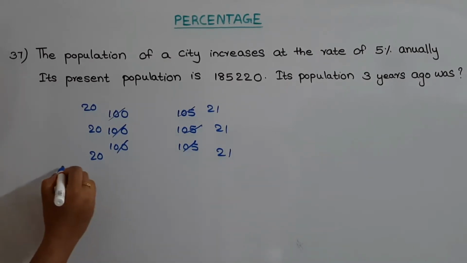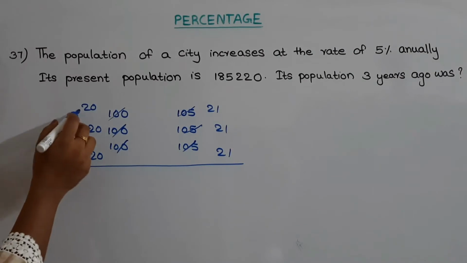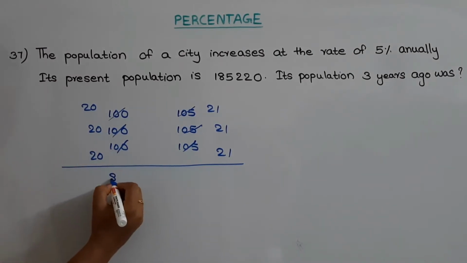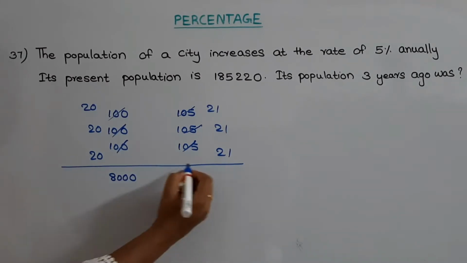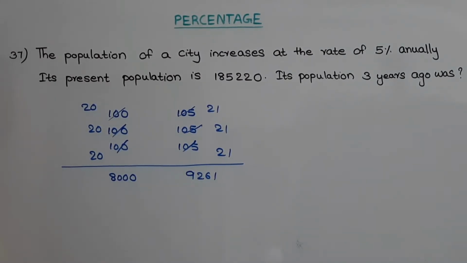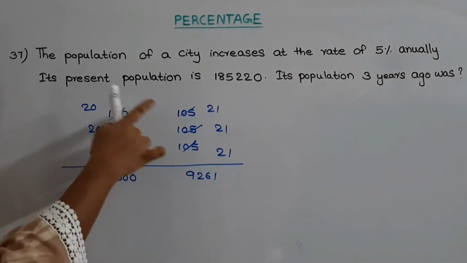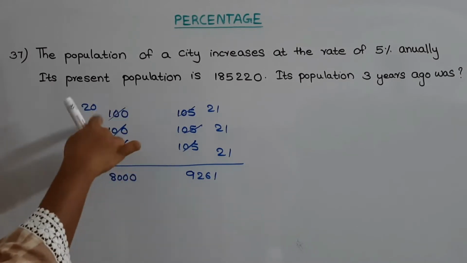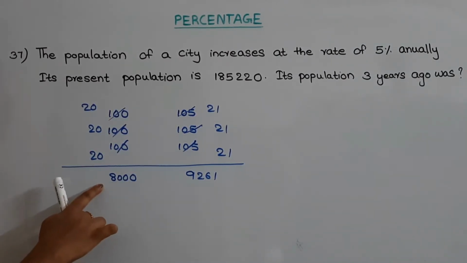Now let us multiply these values. 20 into 20 into 20 is 8,000, and 21 into 21 into 21 will give you 9261. So this is the population after 3 years if we consider these values as the population of the city, and this is the population 3 years ago.